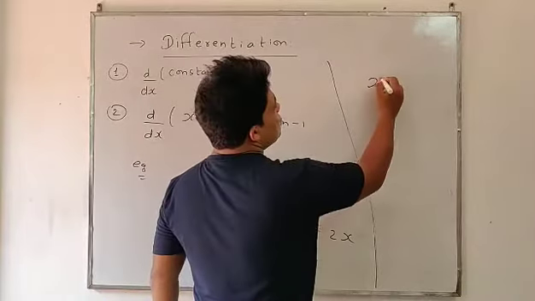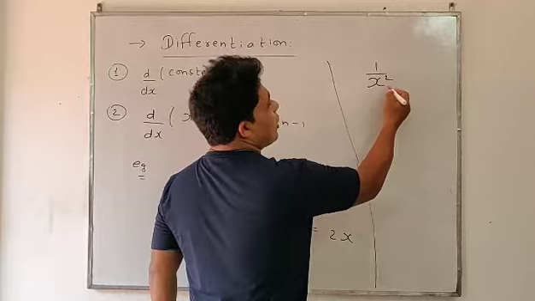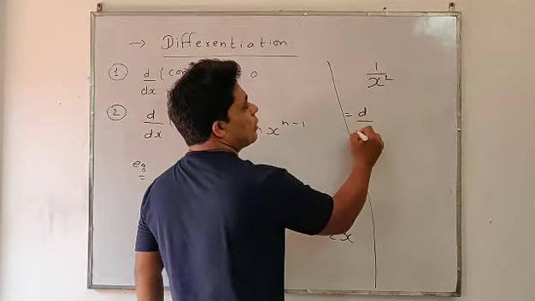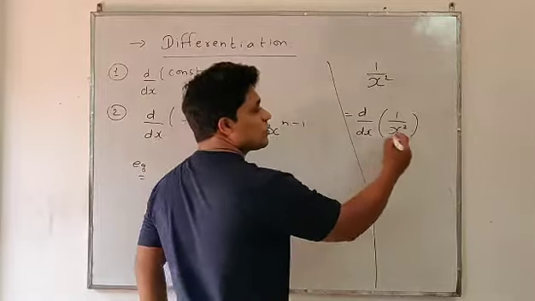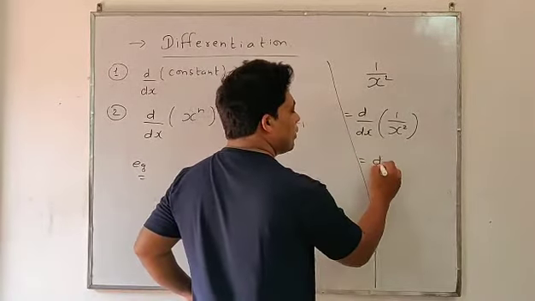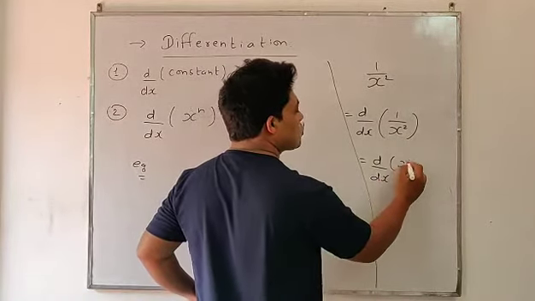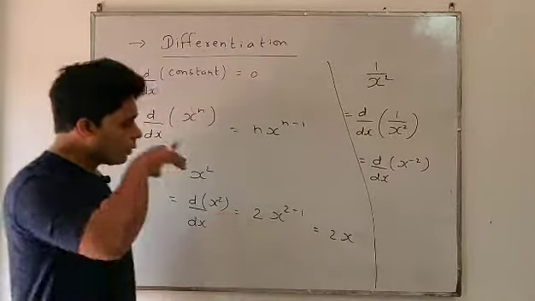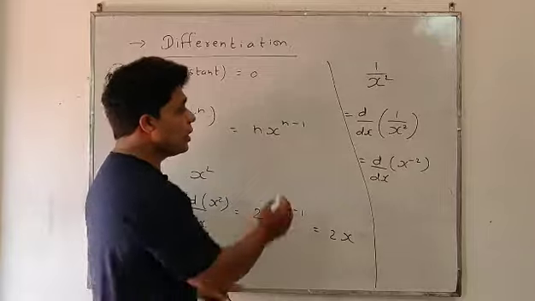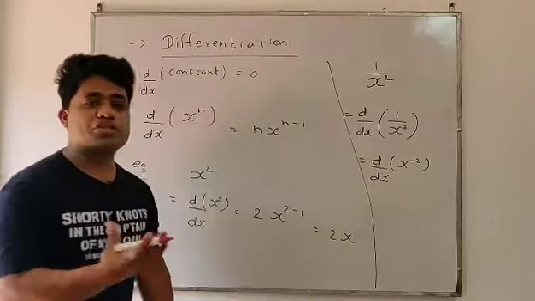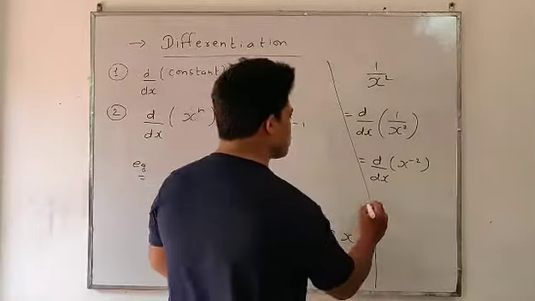Suppose you have to differentiate 1 upon x square. First of all, write d by dx of 1 upon x square. Transfer x square upwards, it becomes d by dx of x to the power minus 2. Now apply the formula, n x to the power n minus 1. Instead of n, this time we have minus 2. So what will I write, students?